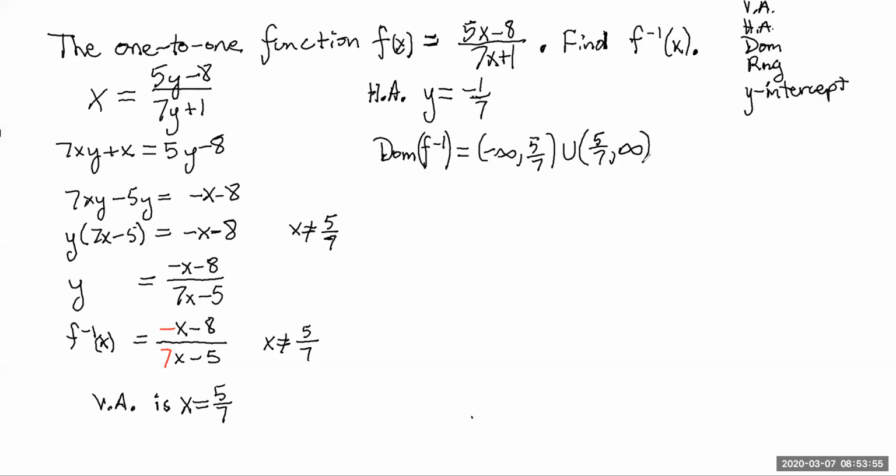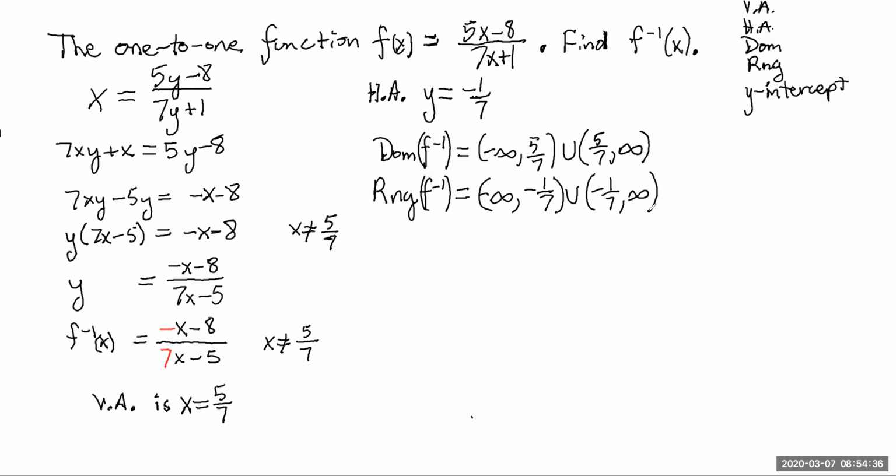With the horizontal asymptote, it helps us state the range. The range of the inverse of f is negative infinity up to -1/7, union -1/7 up to positive infinity.